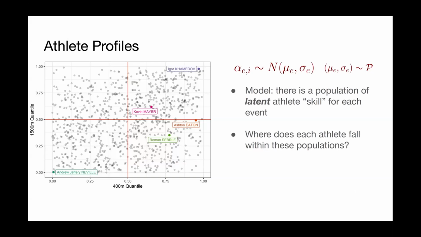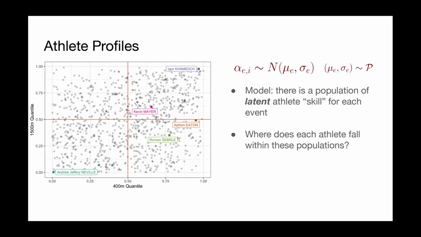This distribution can represent the range of latent athletic skill in some event, and our athletes can be viewed as a sample from this distribution, right? For a given athlete, we can take a look at their intercept and see where it falls within this normal distribution by taking their percentile, for example.